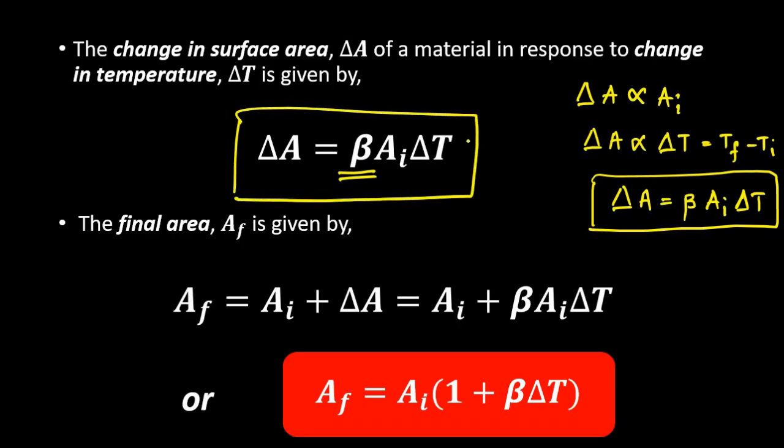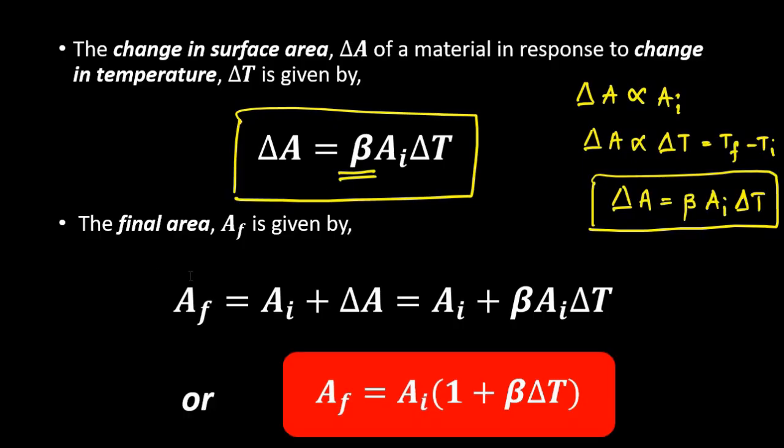The more the initial surface area, the more the increase in area. The more the increase in temperature, the more the increase in area, because of the direct proportionality relationship.